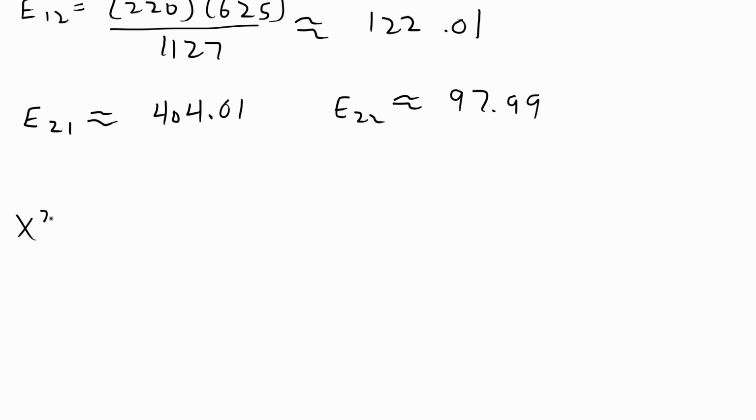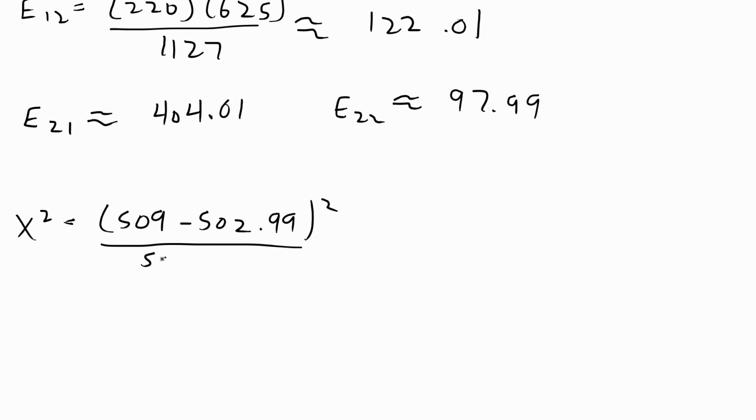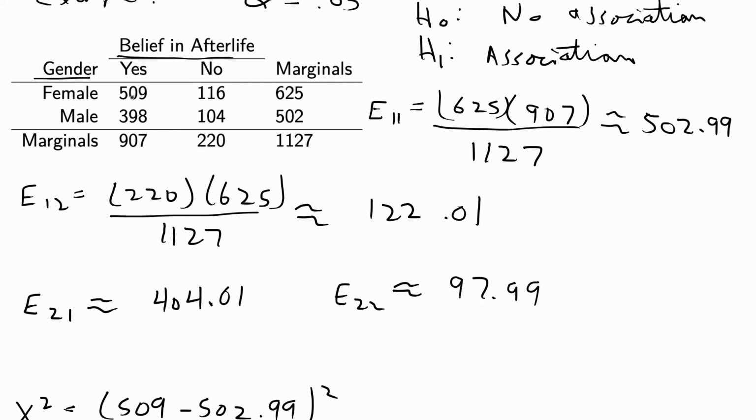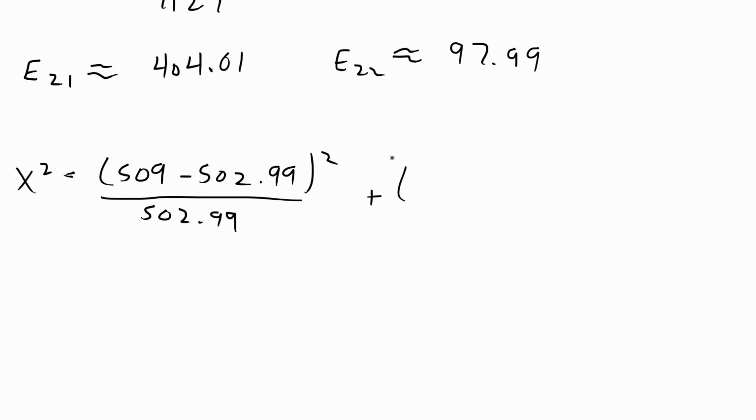So for this particular problem, the chi-square test statistic is going to be equal to 509 minus 502.99 squared divided by 502.99. So this is going to be observed, which is 509, minus expected, which is 502.99, squared, divided by expected, which is 502.99. So that's the first observation. For the second observation, it's going to be 116, which is the observed, minus the expected, which is 122.01 squared, divided by 122.01.